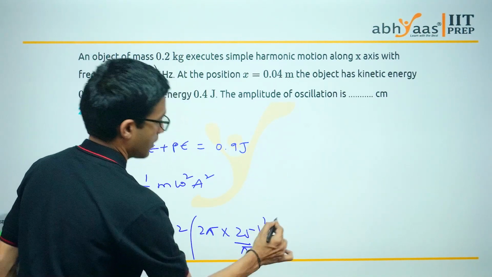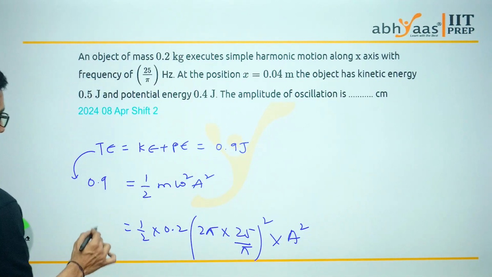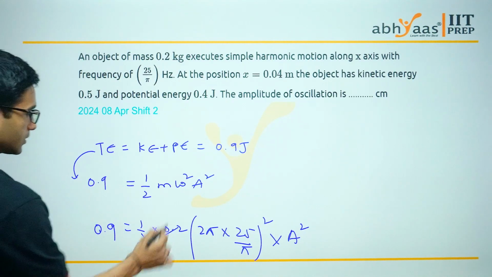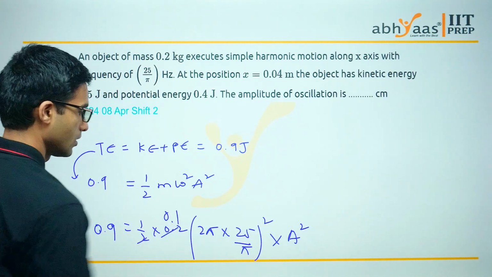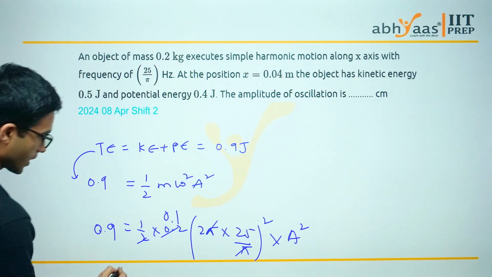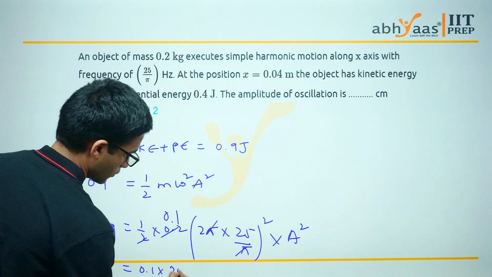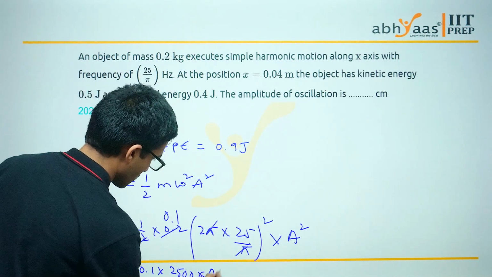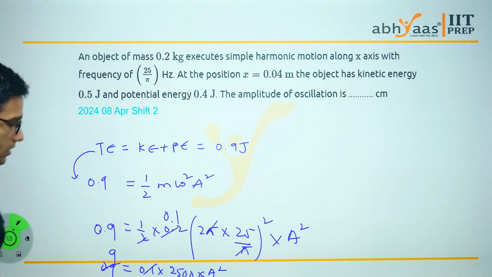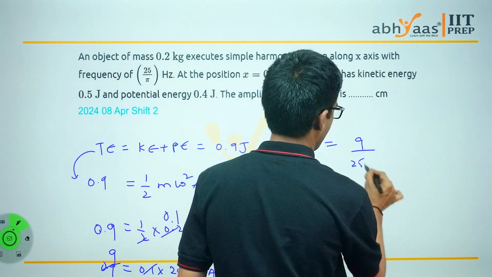That squared into amplitude you need to calculate. So 0.1, pi gets cancelled. Now 0.1 into 50 square is 2500 into A square. This is 0.9, cancelled, 9 you will get. So A square is equal to 9 by 2500.